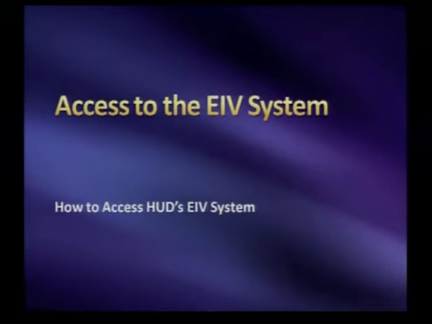Okay, now let's get into access to the EIV system. A lot of folks have access to the EIV system. As of right now, the national statistics for EIV System Access is 98%. So there are a few housing authorities out there that do not have access to the system, and so you would want to focus in on this segment because we're going to show you how to gain access to the EIV system.